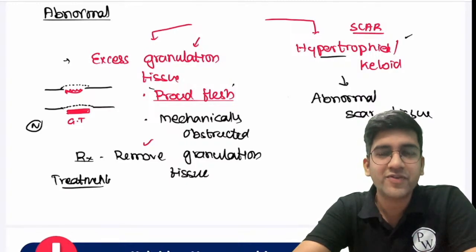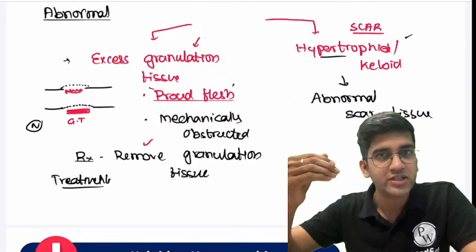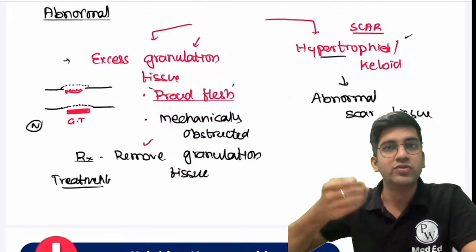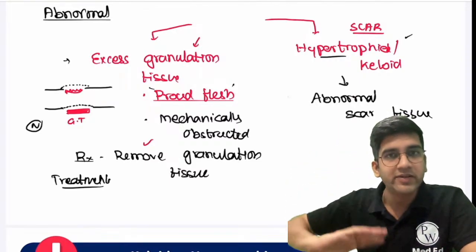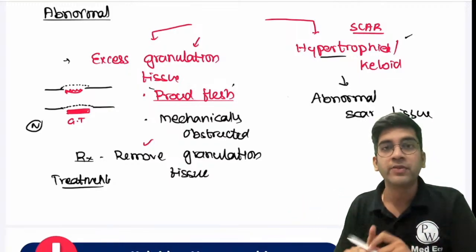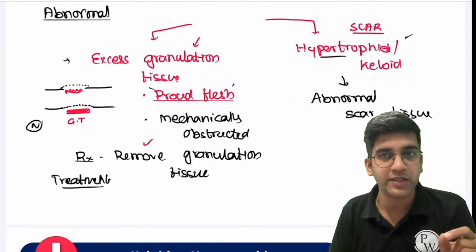Anyone? If you've seen a diabetic foot ulcer, this is pretty common there. That's why in your surgery department, they do something called a debridement. They debride the tissue, they remove the tissue in the corner, throw them away, so the healing happens a little bit properly.